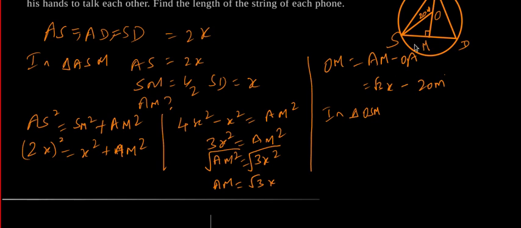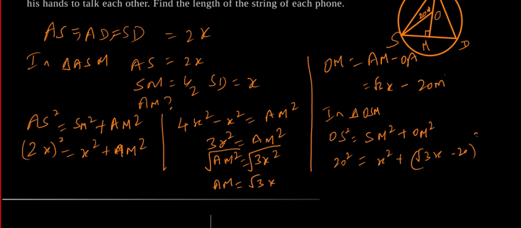Here M is the right angle, so the hypotenuse is OS. So OS square equal to SM square plus OM square: 20 square equal to x square plus (root 3 x minus 20) the whole square.